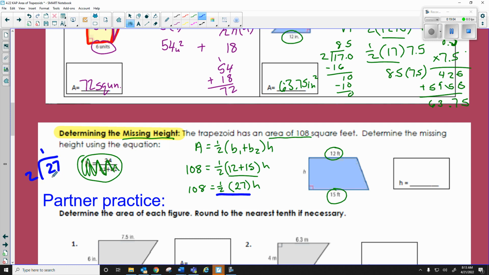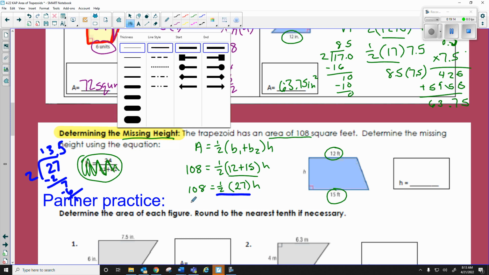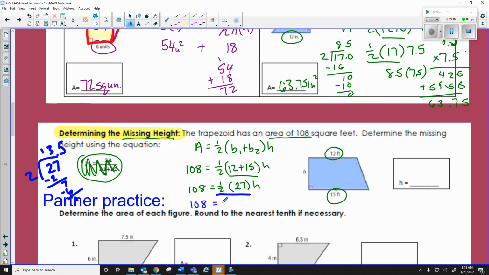It's going to go in once. It's going to go in 3 times, 6. It's going to give me 13.5. So I have 108 is equal to 13.5h. To get h by itself, I need to divide 108 by 13.5.